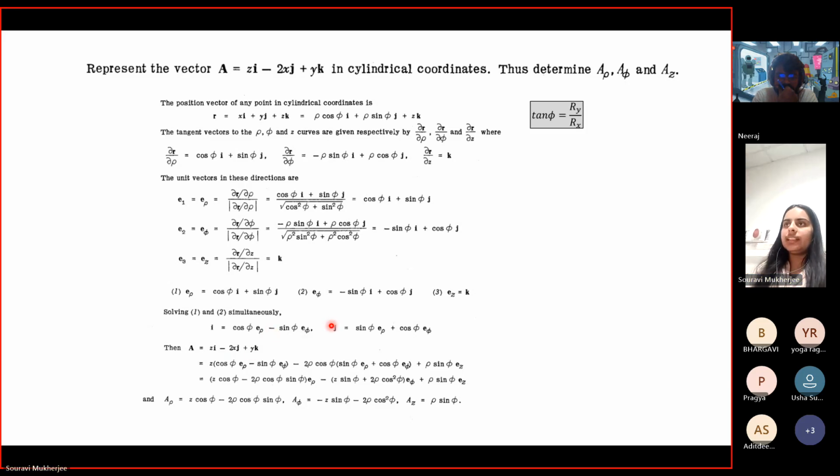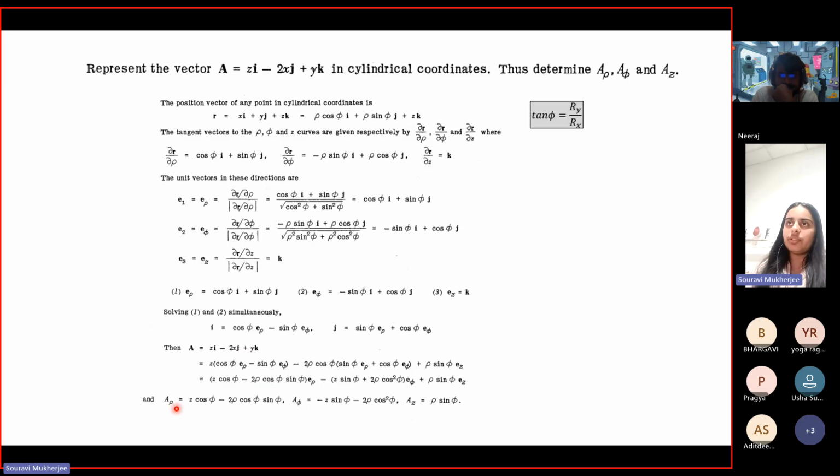Once you know this, you just have to replace. You replace whatever vector you had, replacing i cap, j cap, k cap by these relations that you just derived, and replace x and y using these parametric forms. Once you do that, what do you get?